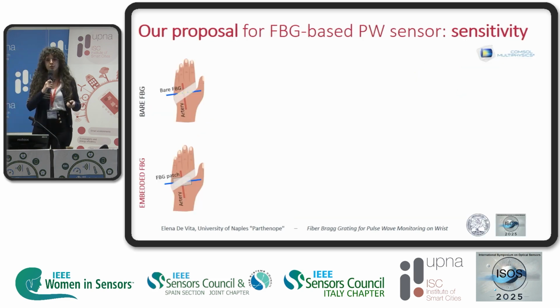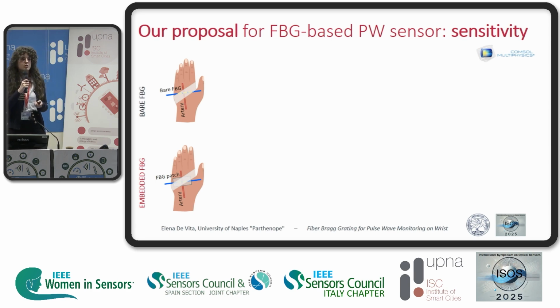But before performing the experimental tests, we wanted to perform some numerical simulations in the COMSOL environment, firstly to quantify the enhancement of pressure sensitivity when we embed the FBG in a patch. So we compare the two configurations.